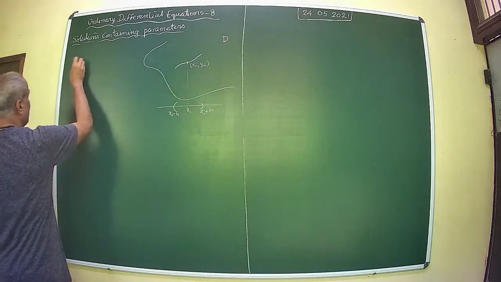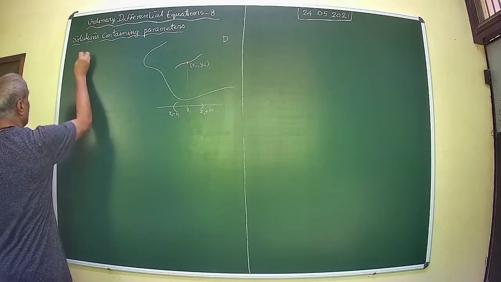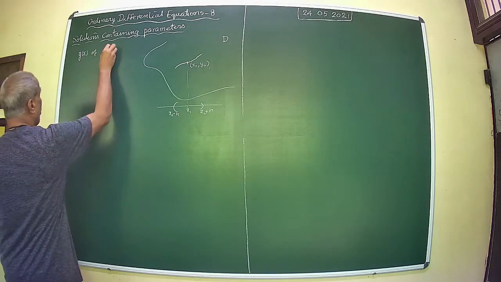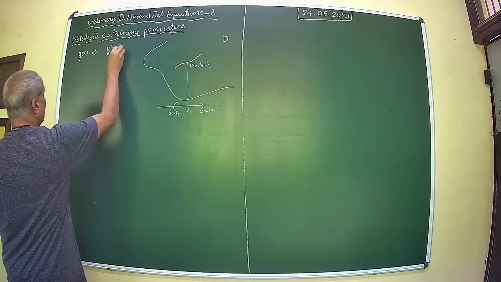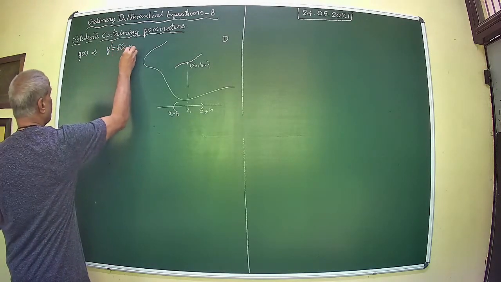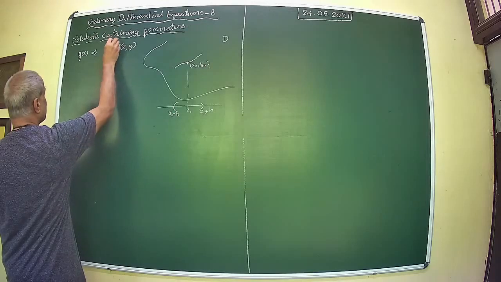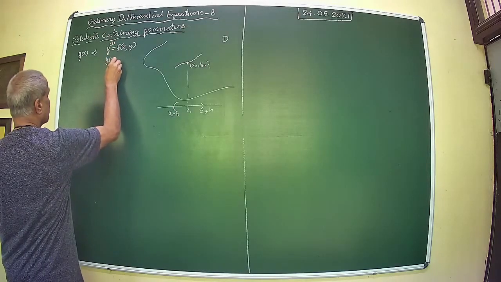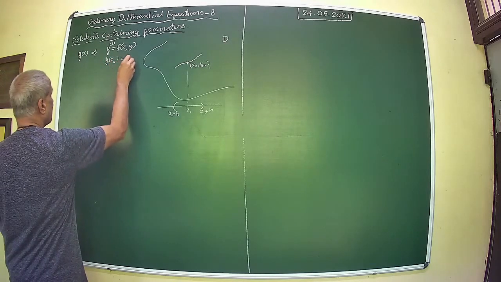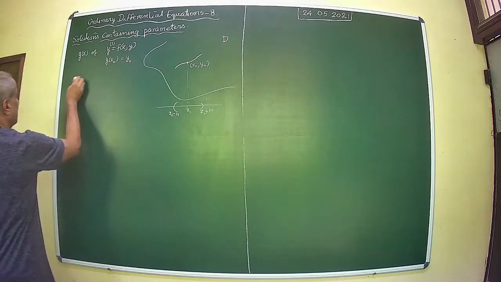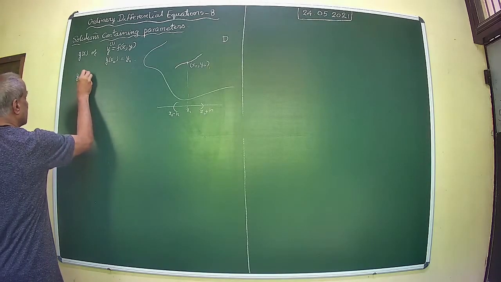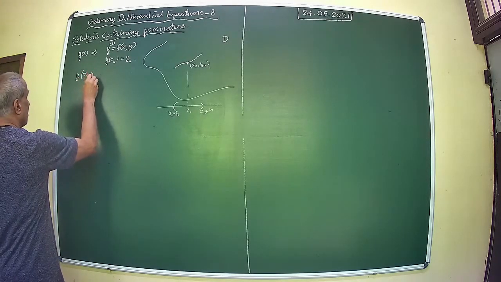So what you do is, the solution y(x) of y derivative equal to f of x, y, satisfying the initial data y(x naught) equal to y naught, is henceforth designated by y(x, y naught).